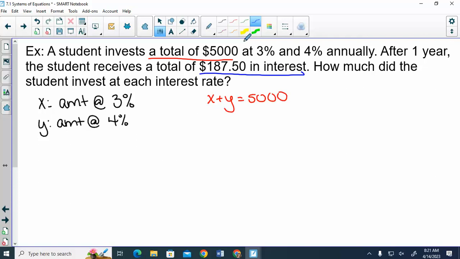Interest equals principal times rate times time. We're talking about 1 year, so the time is 1. So we just need the principal times the rate. So x, and what's the interest rate for x? 3%. So it would be 0.03x plus 0.04y equals our interest.